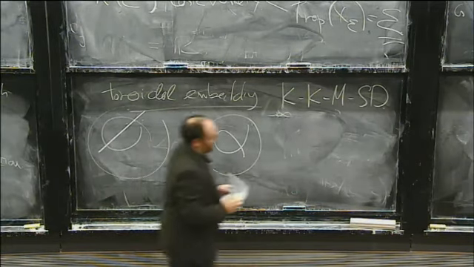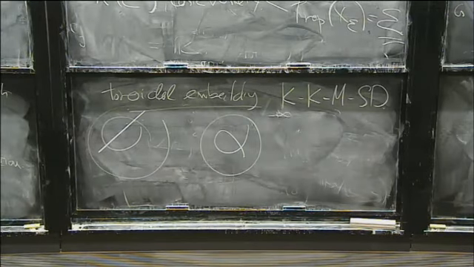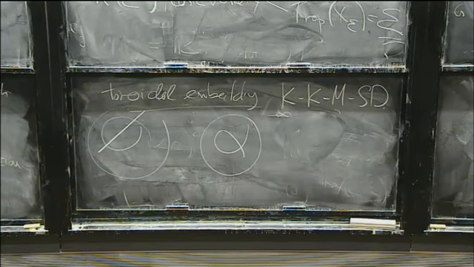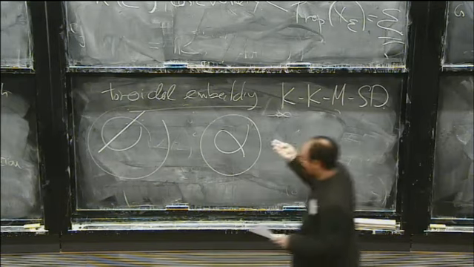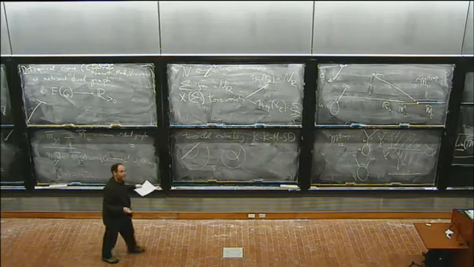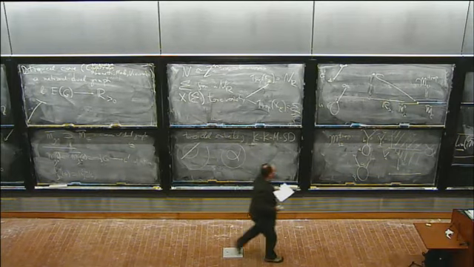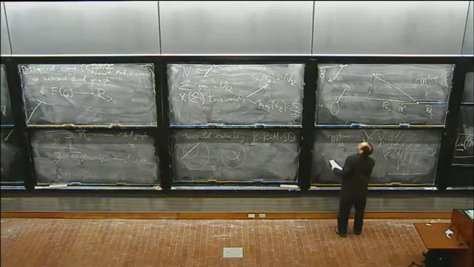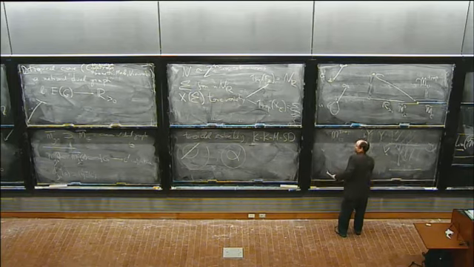And Kempf, Knudsen, Mumford, and Saint-Donat associated to a toroidal embedding something that is similar to the fan of a toric variety and reduces to the fan of a toric variety if instead of a toroidal embedding you take a toric variety with its boundary divisor. So I think I'll have to erase this.